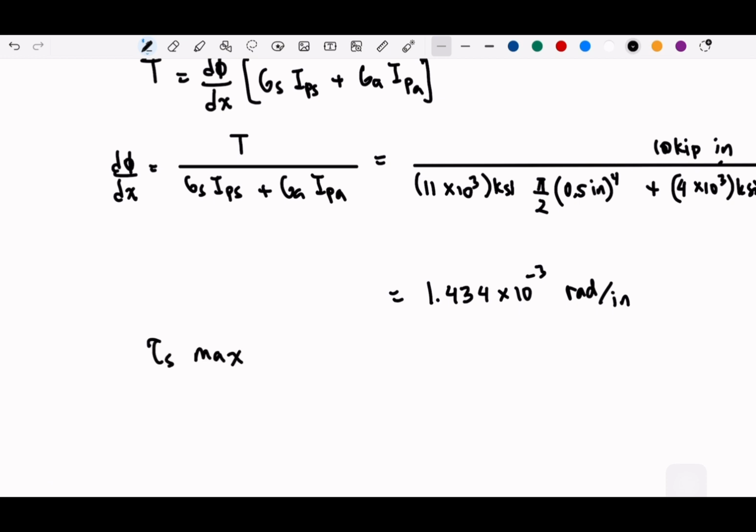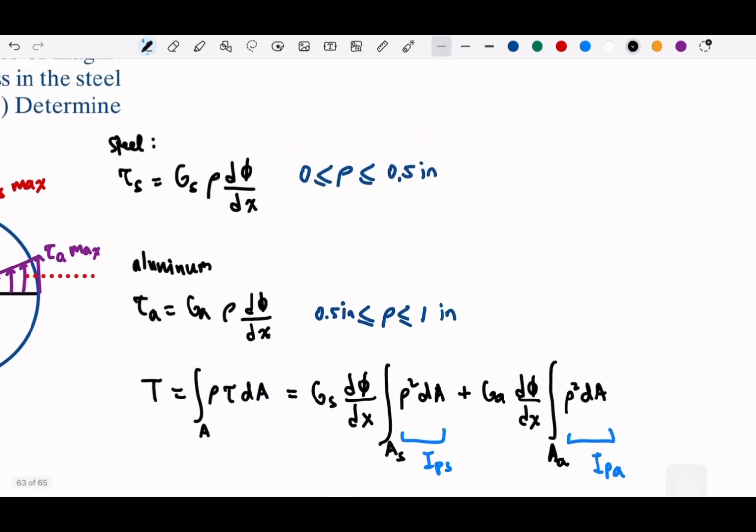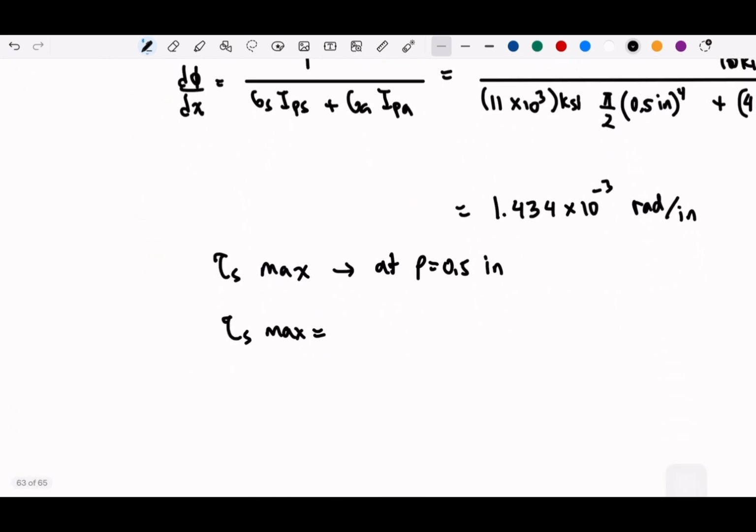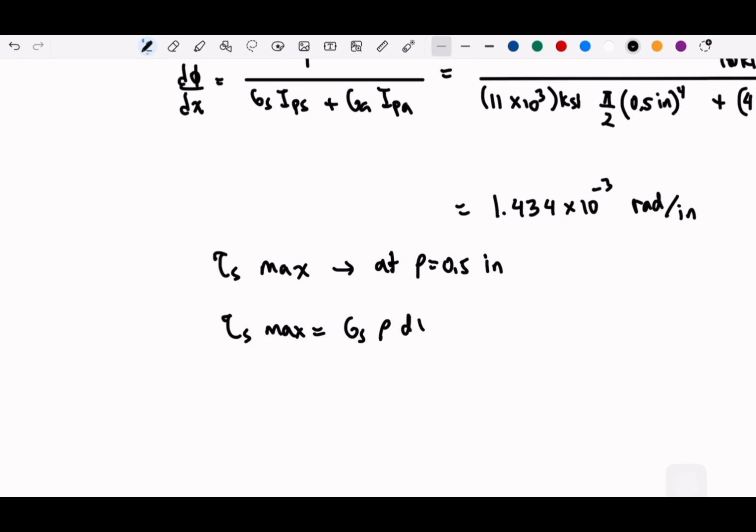And we can calculate the maximum shear stress for steel. This is at rho equal to 0.5 inch, so we get G_S rho, and since we have the twist rate, we can combine everything and calculate each one of them.